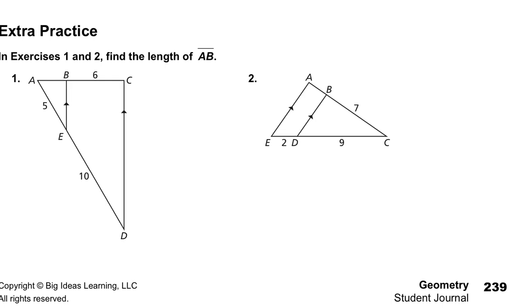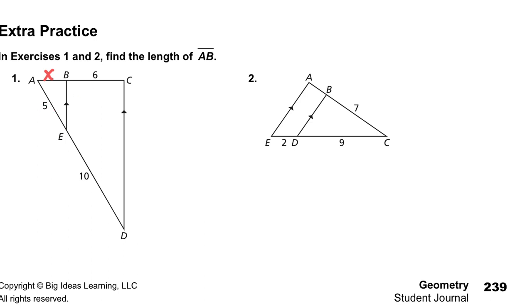Okay. In exercises 1 and 2, find the length of AB. So AB, I'm going to put a little X right here because I have no idea what that is. And remember, notice here, I have two parallel lines in a triangle.